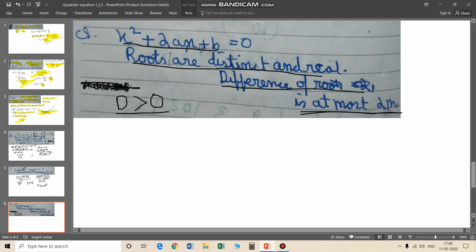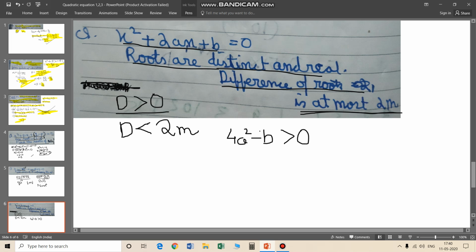One condition, D is less than. D is at most 2m, means maximum value of D is 2m, means D is less than 2m. What is D? Let's find. 4a square minus 4b, sorry, my fault. This is the value of D here, and it is greater than 0 as told.